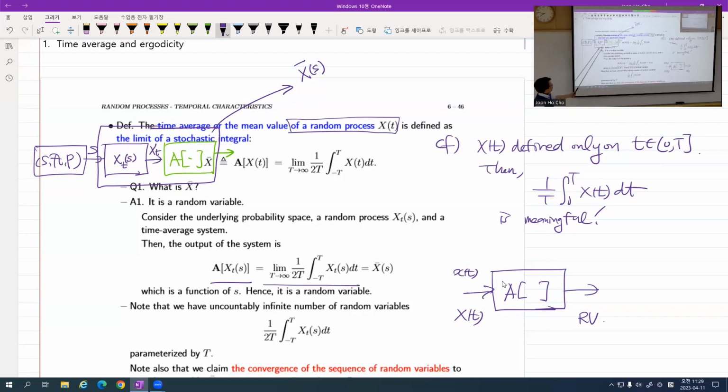However, as we've already seen, the time average involves a limit operation, which means that the quantity may not converge. So that's a big headache, actually. We will talk about it later.